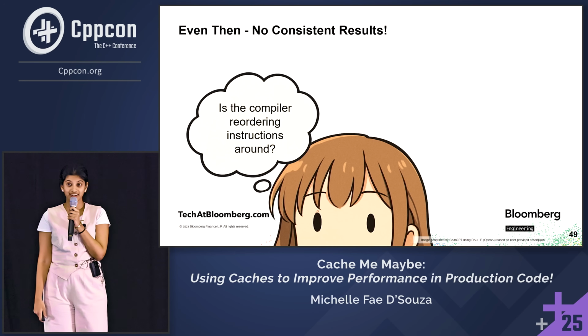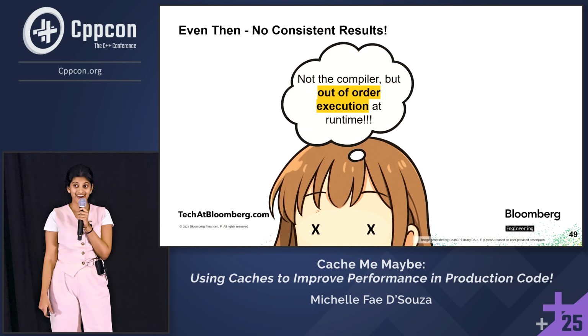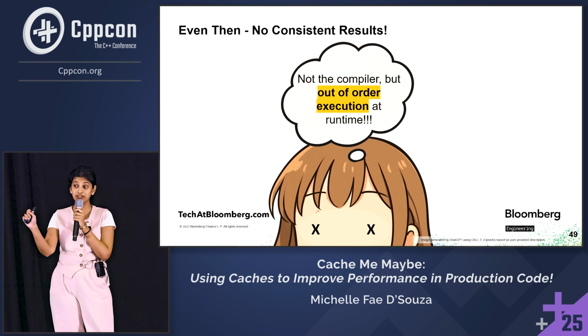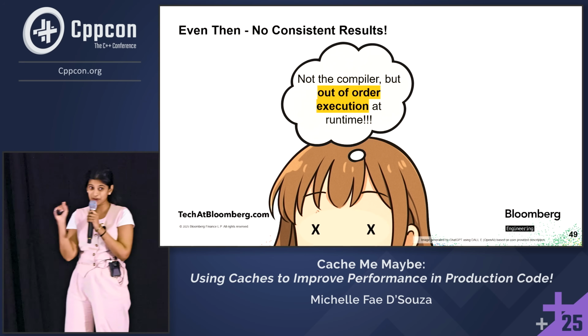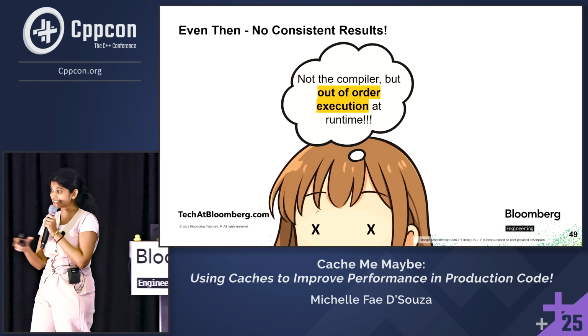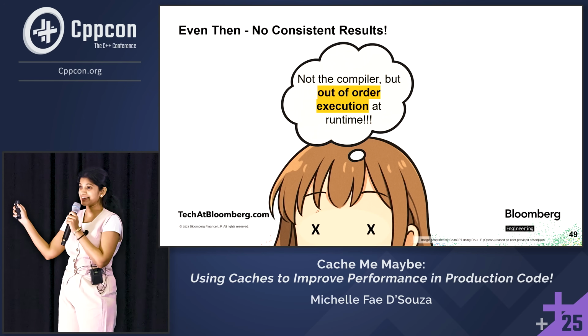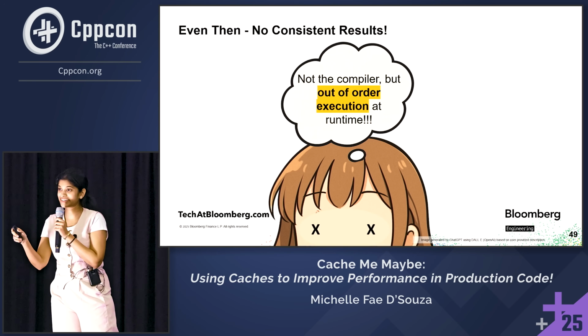Oh my gosh, the culprit is not the compiler. It's my actual CPU hardware that's performing out-of-order execution, not at compilation time, you can't see this in assembly, but at runtime.